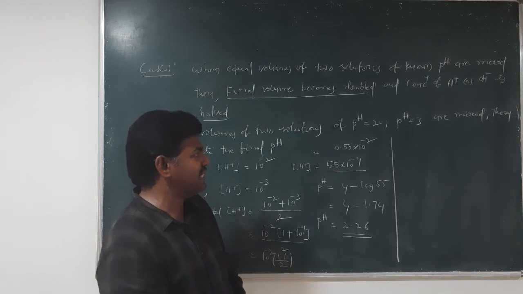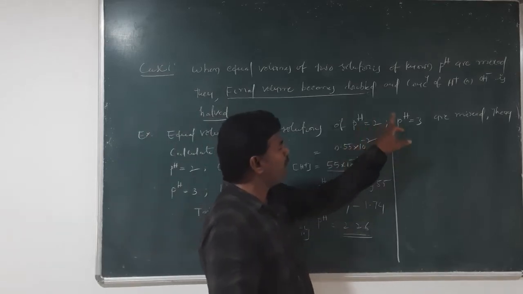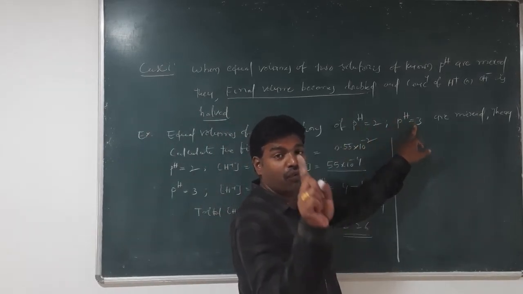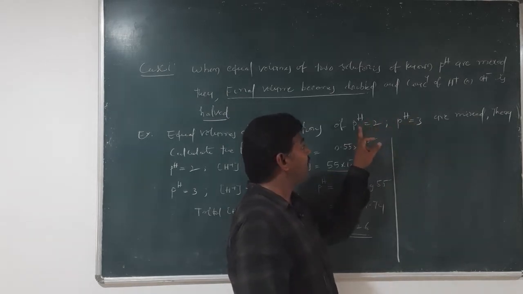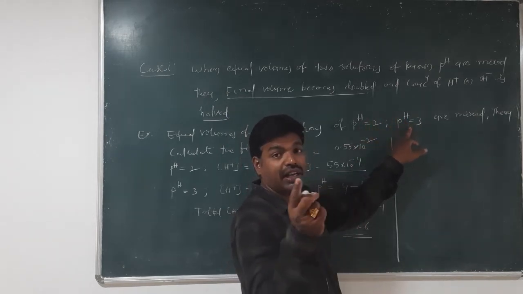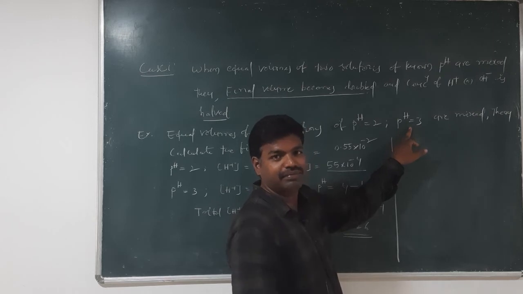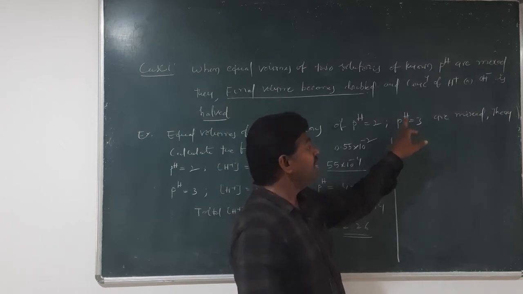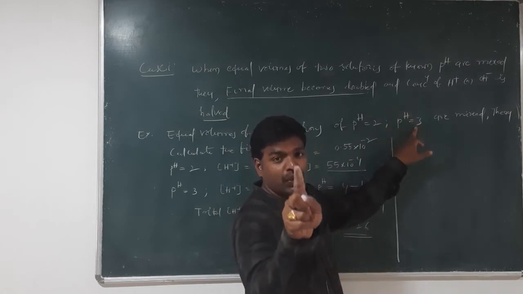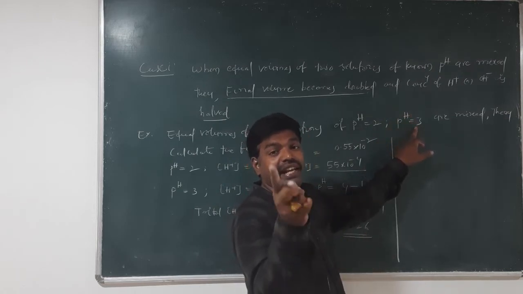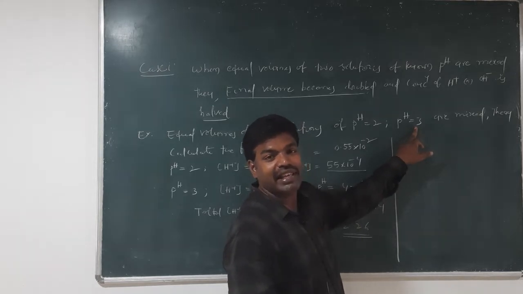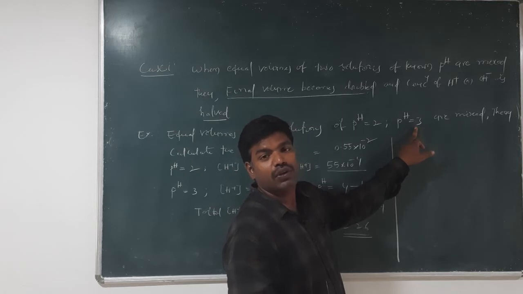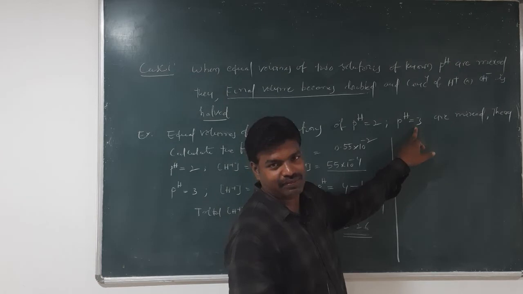That shortcut is, if the given two pH values differ by 1 unit, then take the average pH and subtract 0.24 to get the final exact pH.